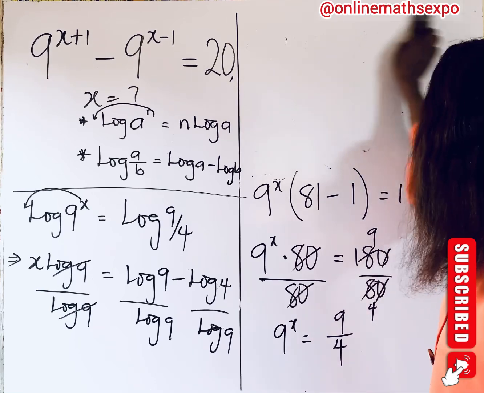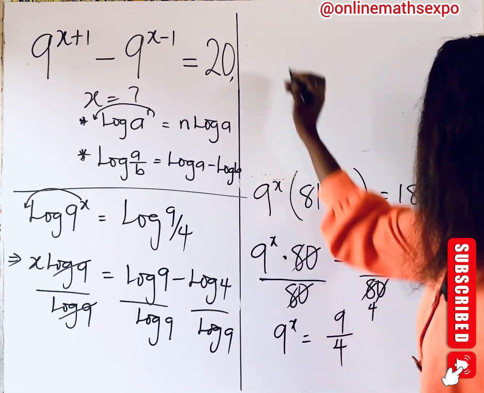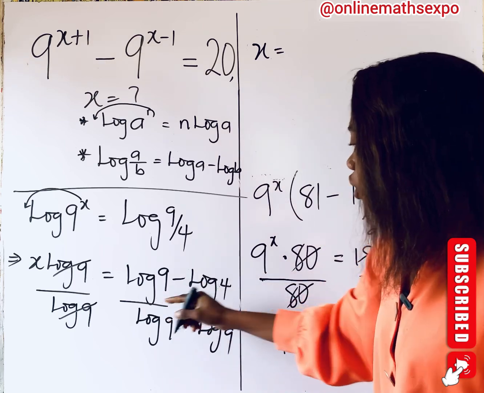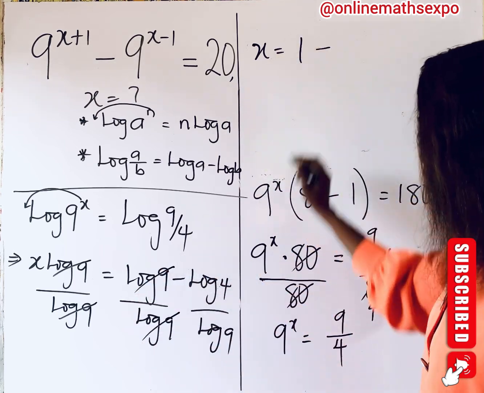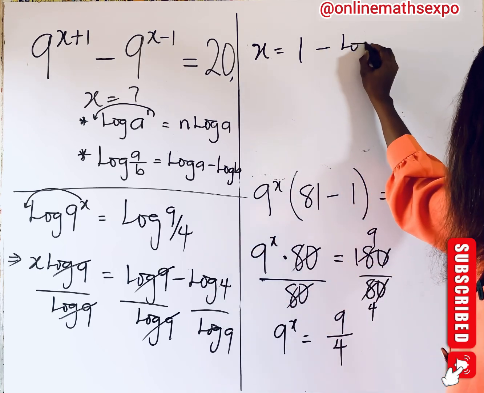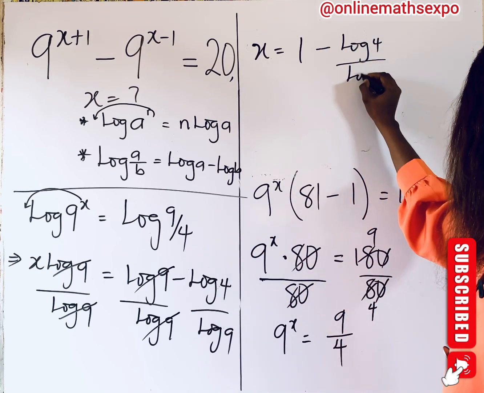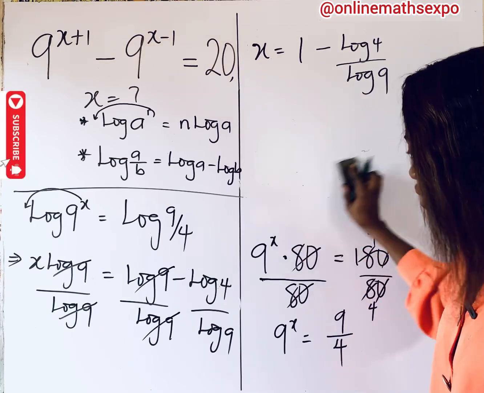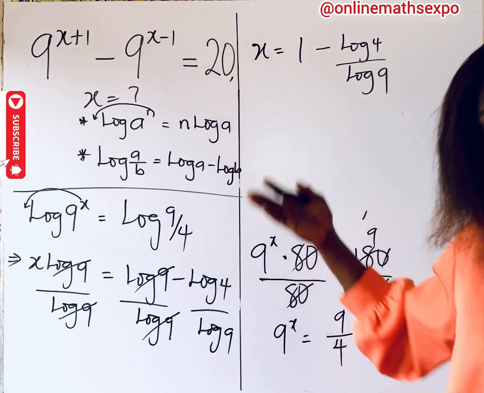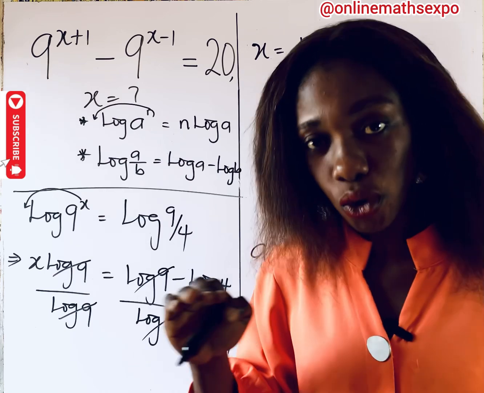So when you do that, you are going to have x is equal to, when you divide this, it cancels, you have 1, minus log 4 all over log 9. Now remember, our target is to keep reducing, to reduce this to the lowest form that nothing can go in again.